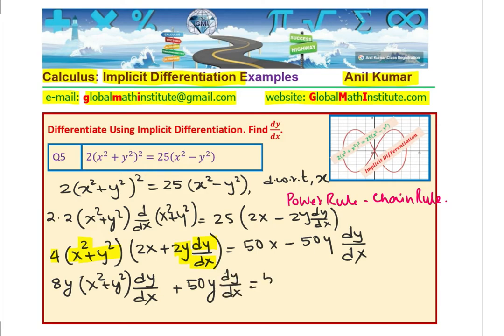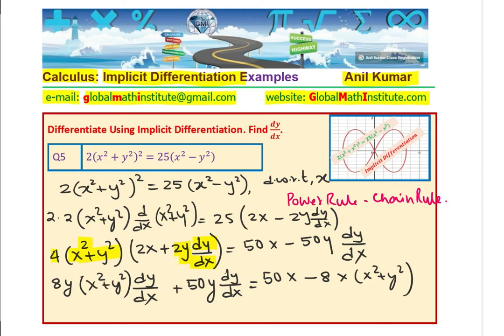On the right hand side we have 50x, and I'm going to take 2x times 4 times x squared plus y squared also on the right hand side. So it becomes minus 8x times x squared plus y squared. Does that make sense? So I purposely did not simplify it so far, kept the numbers as such, so that it becomes easier for you to understand what we are trying to do.